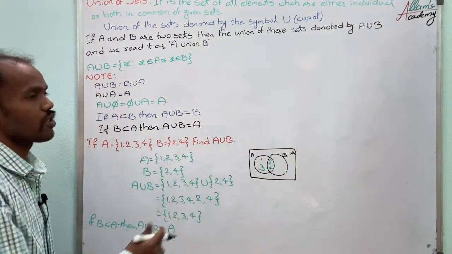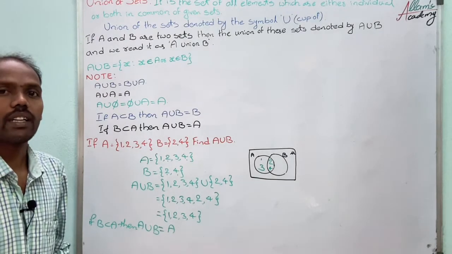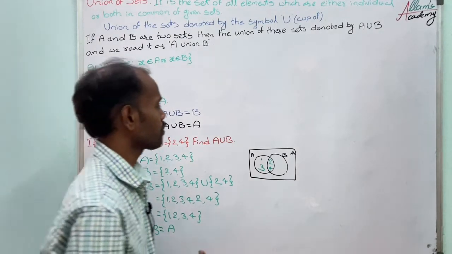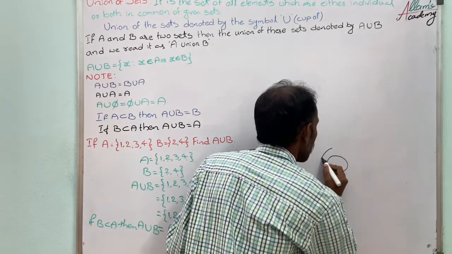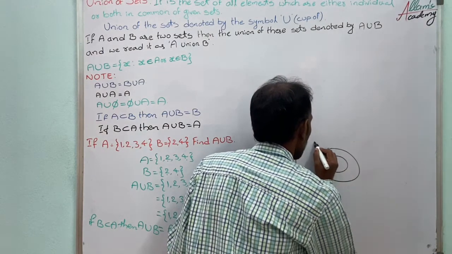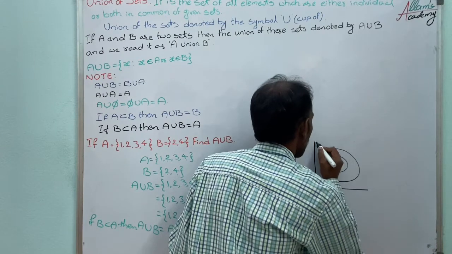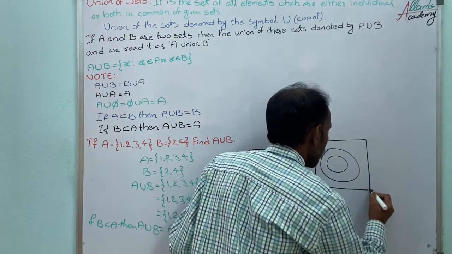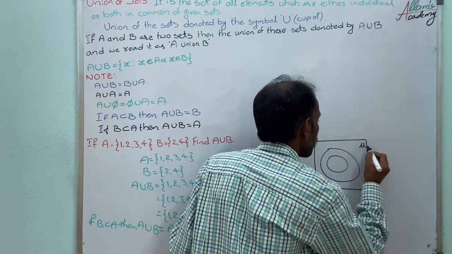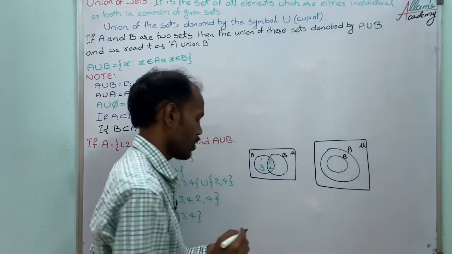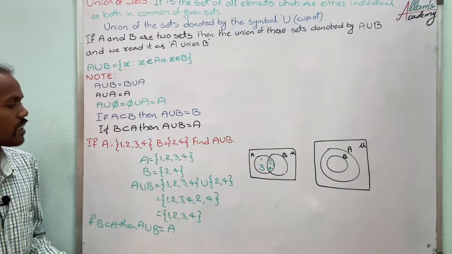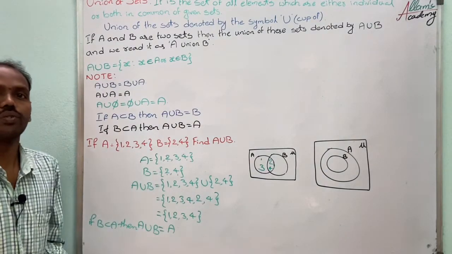So we will show another method of this Venn diagram. Here the second set contained the elements 2, 4.